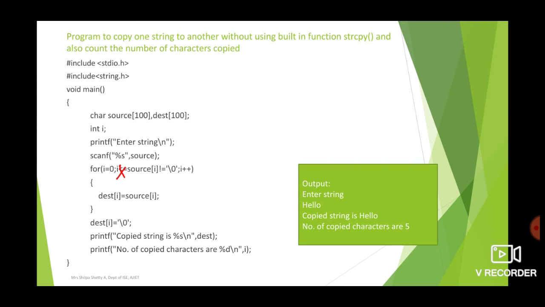Once it is done we can print the copied string that is in destination. So we write printf("Copied string is %s\n", destination). After that, printf the number of copied characters, that is how many times you have copied, which is nothing but the length of the string, how many characters you have traversed.